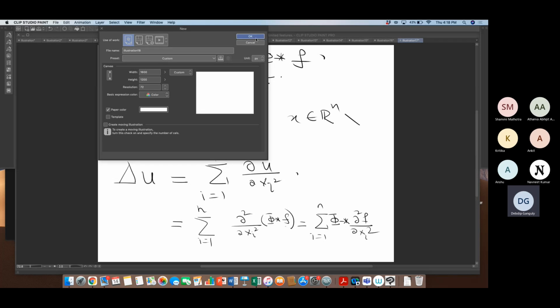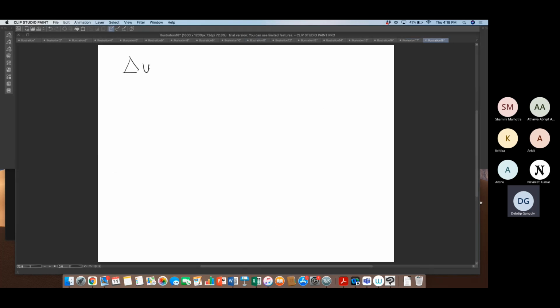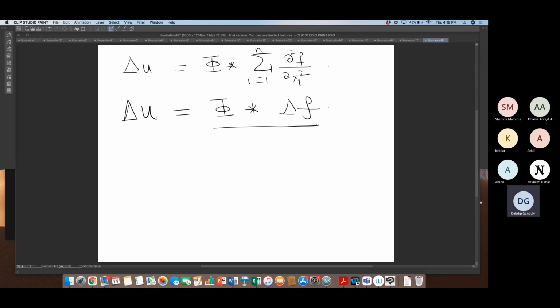I can take the summation inside, and this is nothing but phi convolution Laplacian f. So Laplacian u is phi convolution Laplacian of f at the point x. Just straightforward, using the definition of convolution.